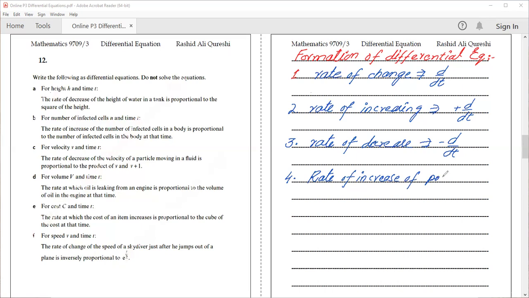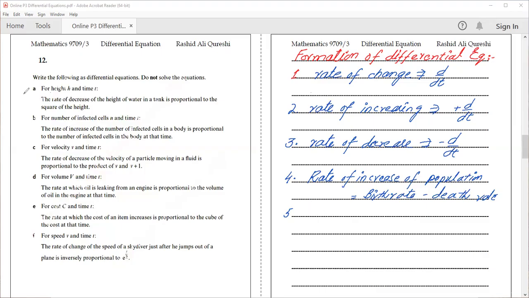In this case, you must have birth rate minus death rate. And sometimes we have the formation of a substance in a chemical reaction. So in this case, another example over here.